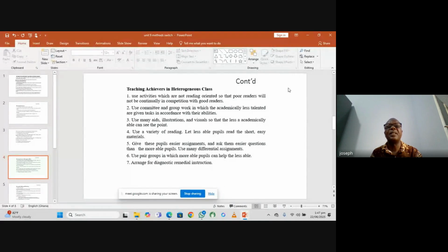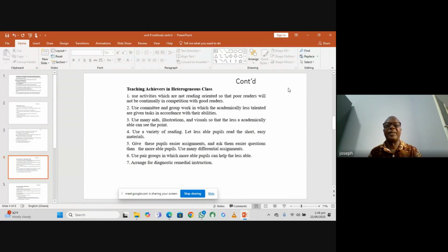Use committee and group work in which the academically less talented are given tasks in accordance with their abilities to perform. And then you give the talented ones the tasks that their ability will help them to perform. Use many aids, illustrations, and visuals so that the less academically able can see the points you are driving at.